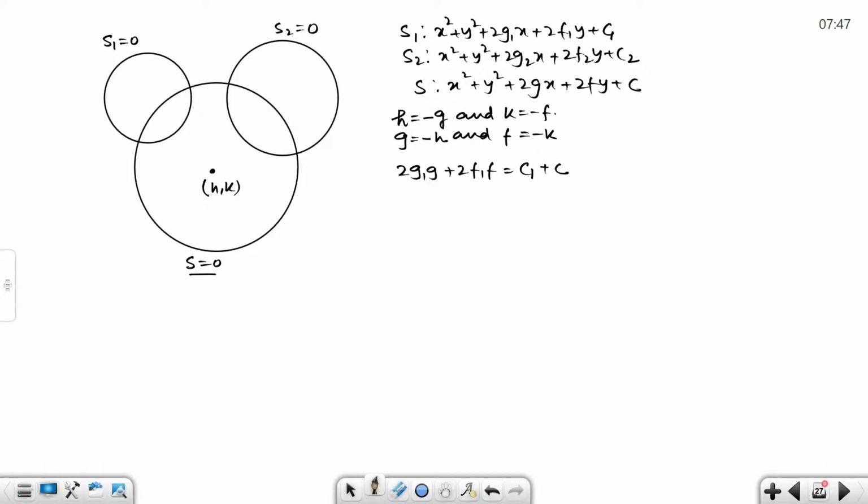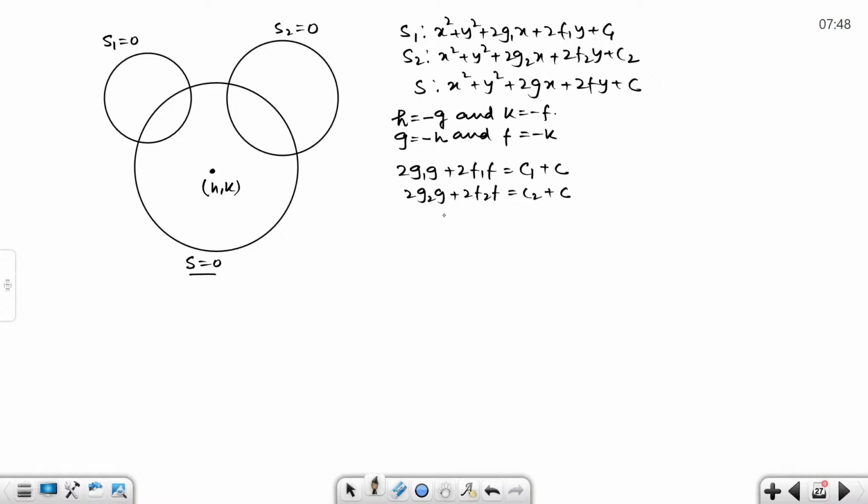We know this is the condition for orthogonality of the circle S1 equals to 0 and S equals to 0. And the condition for orthogonality of S equals to 0 and S2 equals to 0 is given by, am I correct? Now I have to find out the locus of the point of S equals to 0, for this circle, the locus of its center.